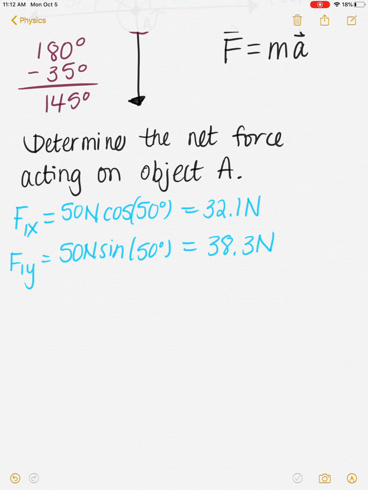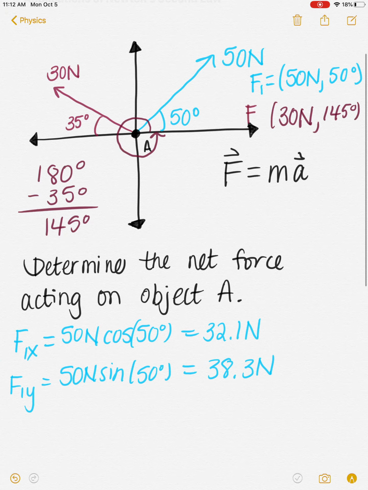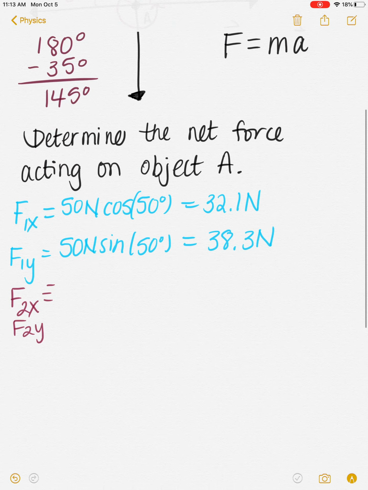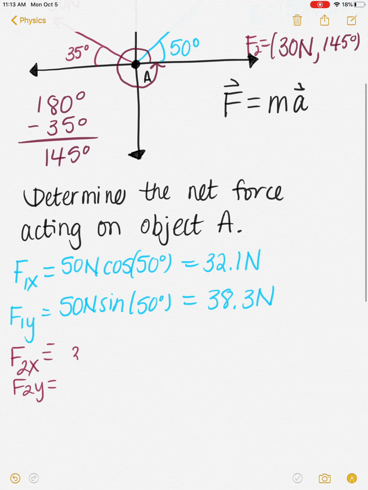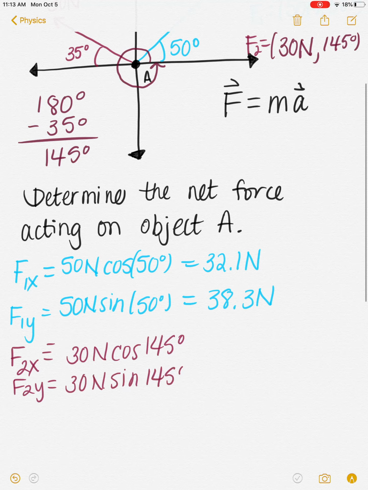Now we must resolve force number 2, our maroon force here, into its x component and its y component. Similarly, we are going to take 30 newtons times the cosine of 145 degrees to find the x, and 30 newtons times the sine of 145 degrees to find the y.